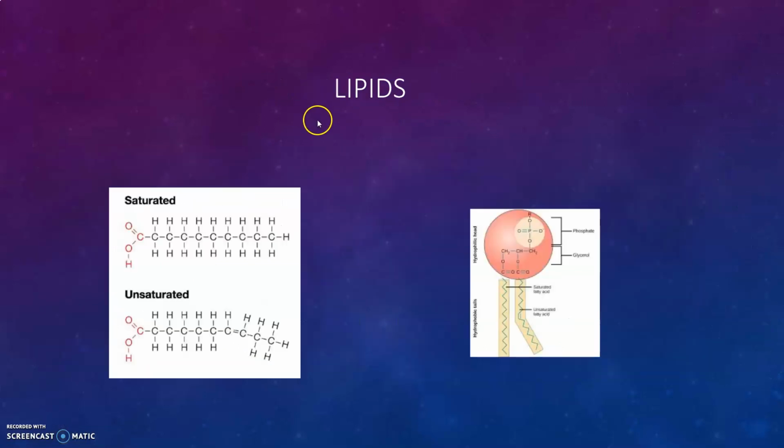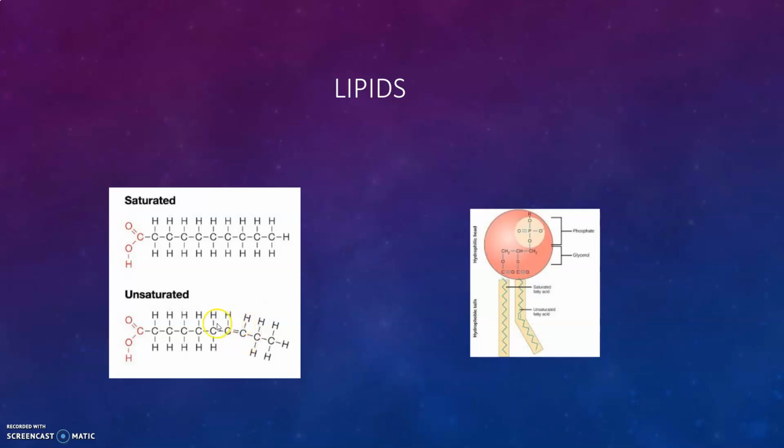Lipids. The function is long-term energy storage. A couple things again. Lipids are just a massive amount of carbon-hydrogen bonds, and that's how they're storing energy. You do have the difference between saturated and unsaturated.